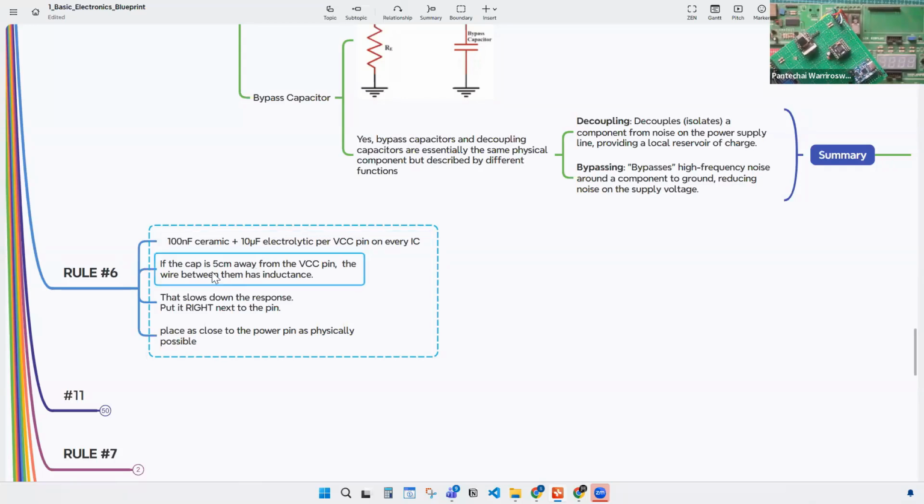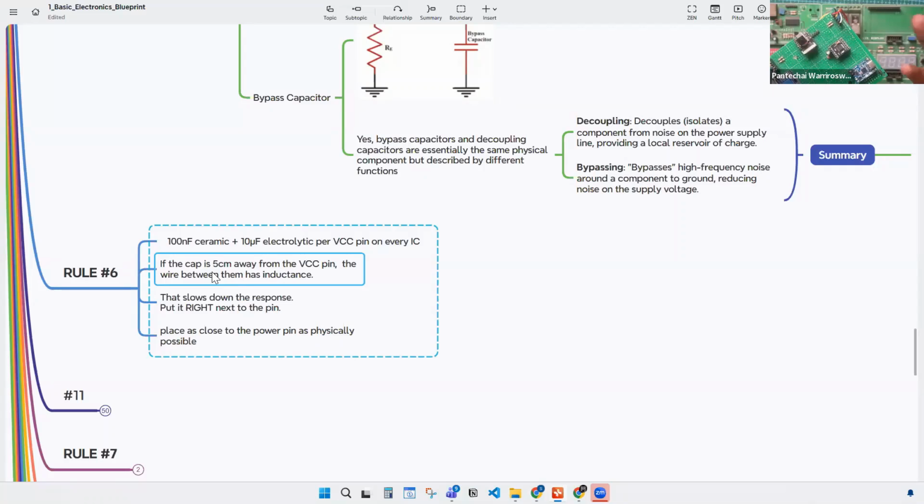But remember, you should not put them very far away, guys. It's a very important thing. Even though you are using this decoupling capacitor, you should not put it here or here or here. No. Instead, you should put it as close as possible. Because if you put a capacitor far away, there is no use.